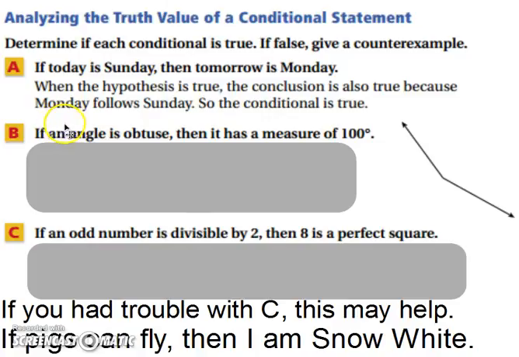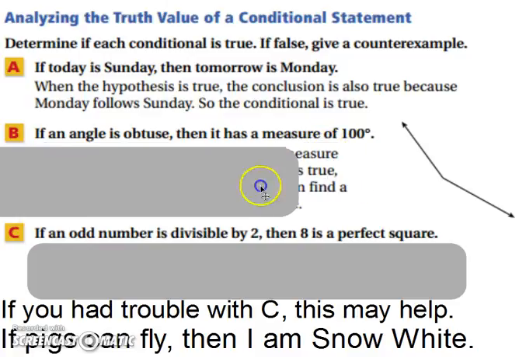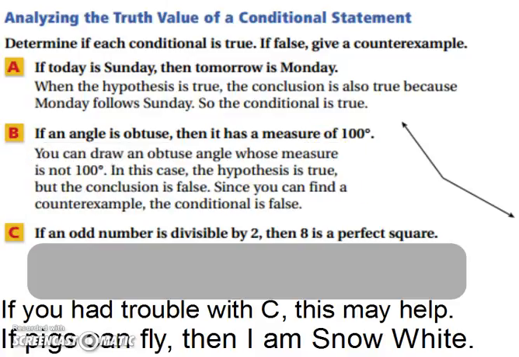In B, we have: if an angle is obtuse, then it has a measure of 100 degrees. I like to think of it this way: can you think of a counterexample to this statement? Does an obtuse angle have to be exactly 100 degrees? No.